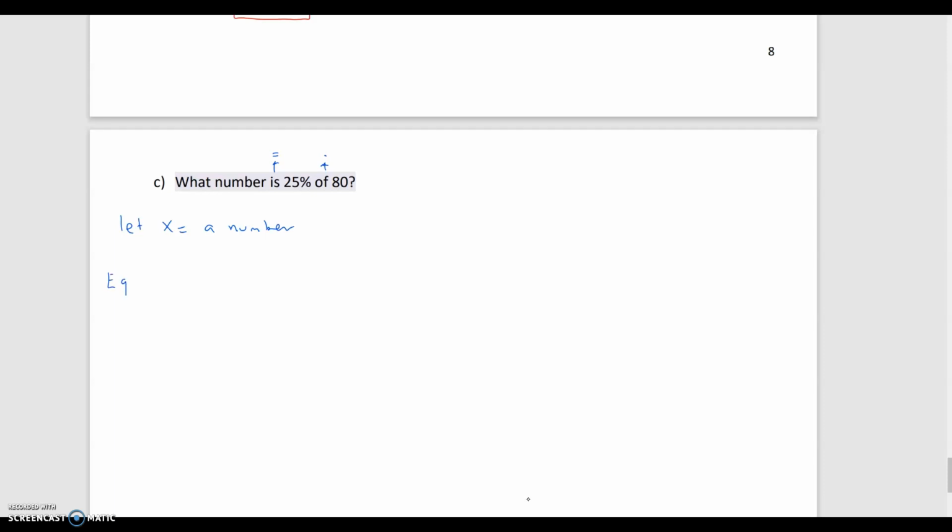So our equation in this case is x is equal to 25% of 80, or x is equal to 0.25 of 80.